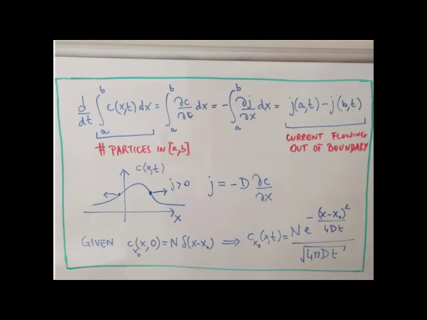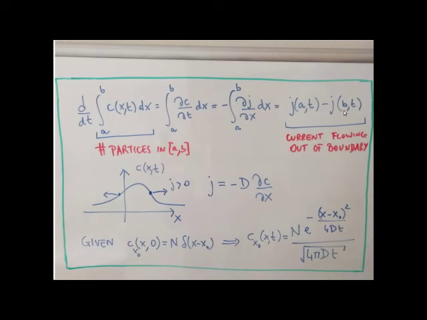But this is exactly the left-hand side of the diffusion equation, so I can replace it with the continuity equation. It's minus the gradient, integrating in dx. This is just the current J at the boundary B minus the current at the boundary A. So what we see here is that the number of particles in AB can change in time, but it can only change through the flow of the current at the boundary.